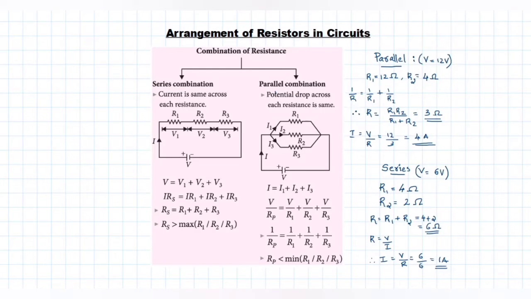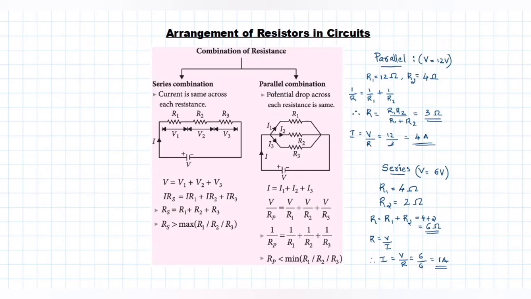R is the effective resistance. If we rearrange the equation, we will get R is equal to R1 into R2 divided by R1 plus R2. If we put the values of R1 and R2 in this equation, we will be getting 3 ohm as the effective resistance in parallel combination.